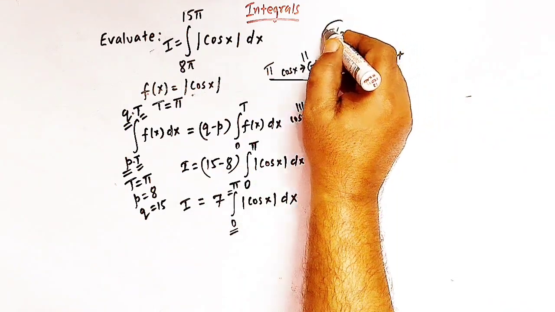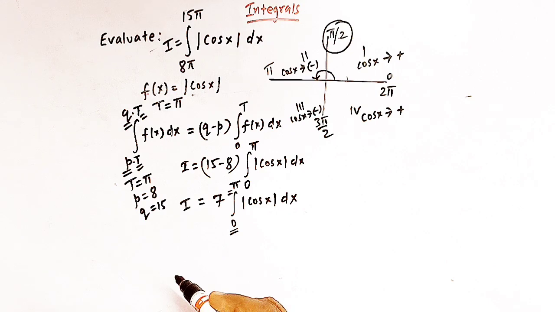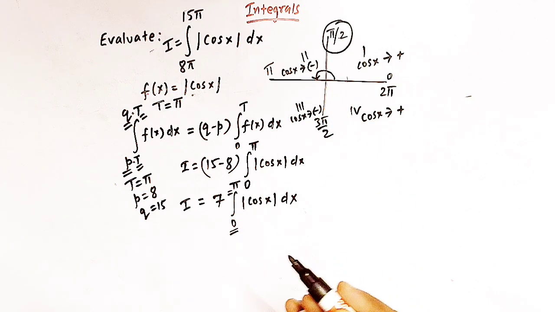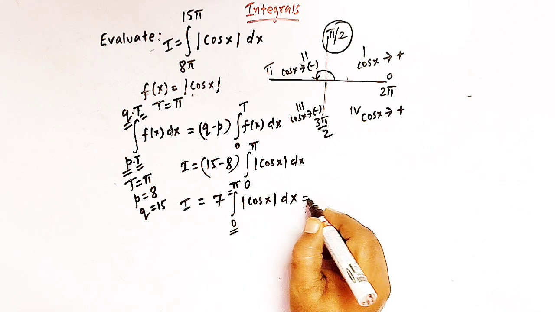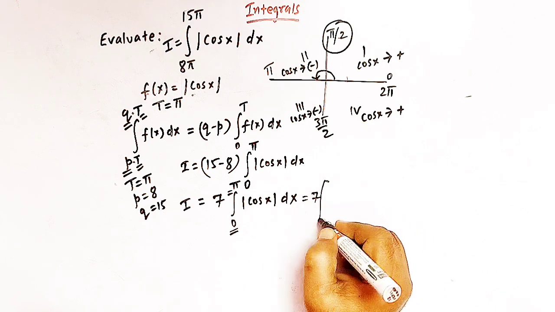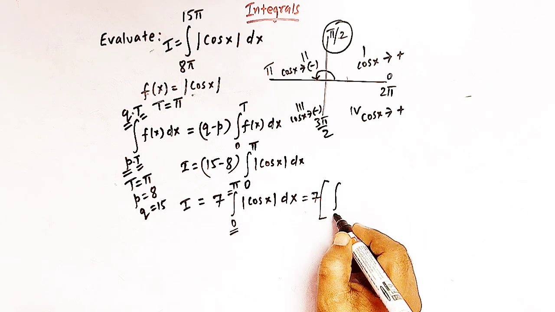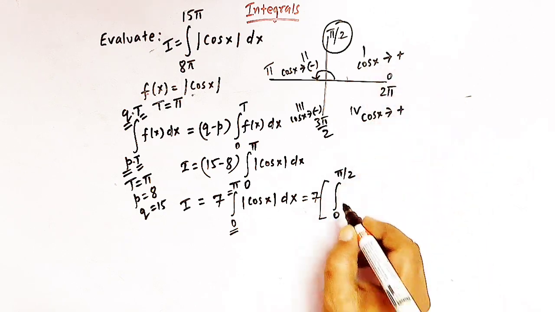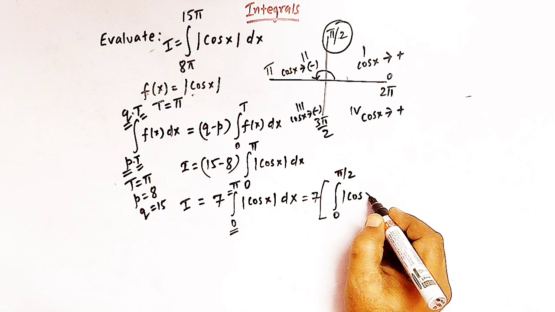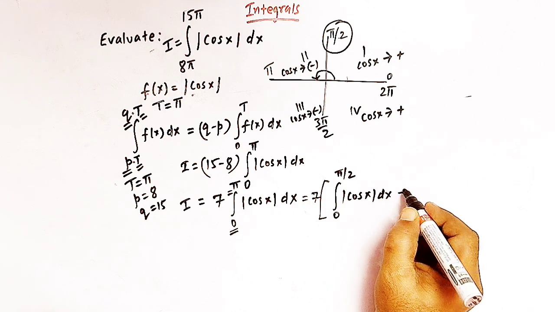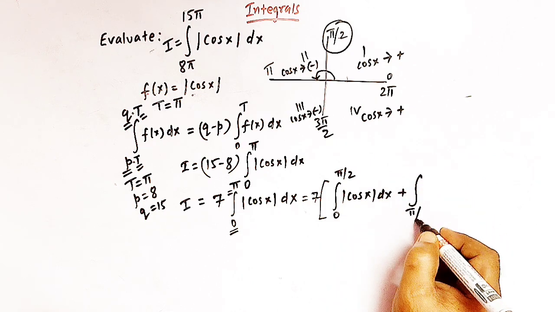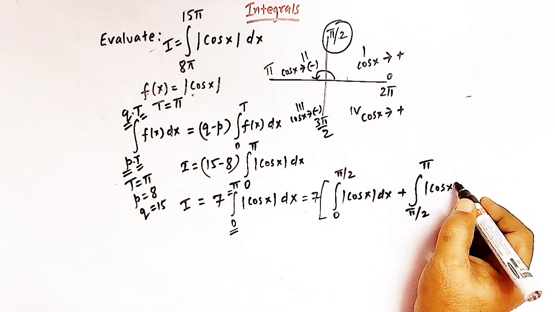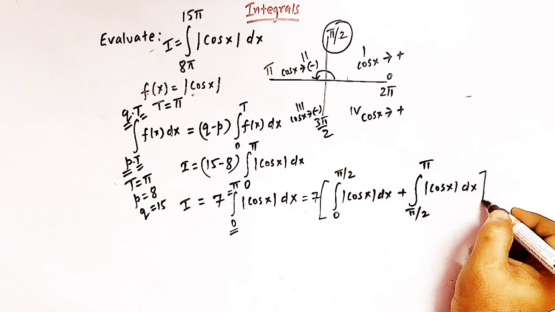So at this point, pi by 2, we have to break this integral into two parts. The first integral is from 0 to pi by 2, where the cosine function is positive, so here we have mod of cos x dx, and the second integral is from pi by 2 to pi, with mod of cos x dx.